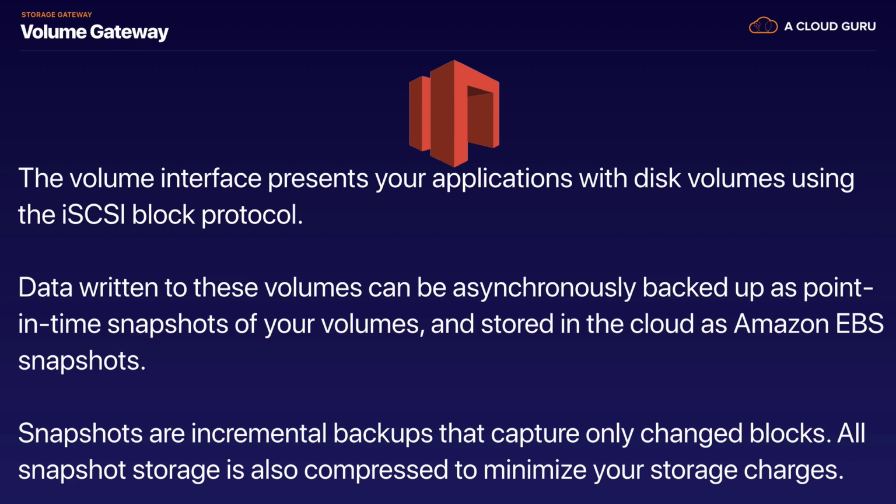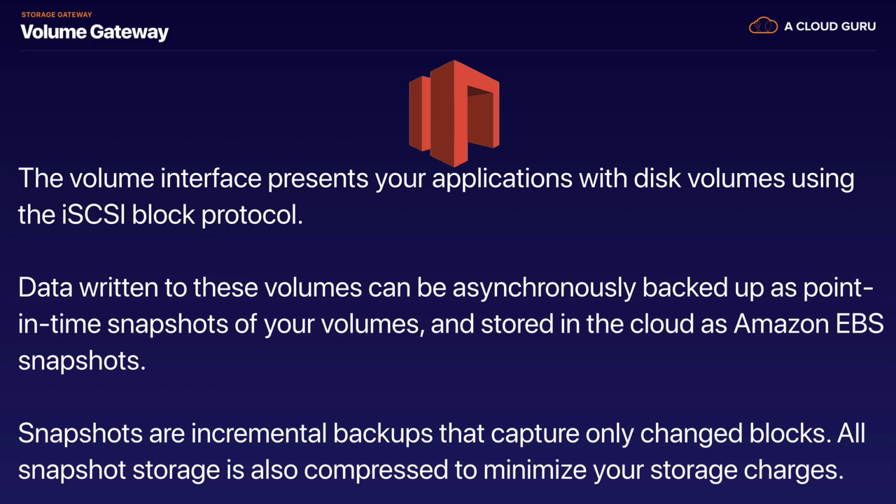Volume Gateway basically presents your applications with the iSCSI block protocol. So basically you can use virtual hard disk drives, and data written to these volumes can then be asynchronously backed up as point-in-time snapshots of your volumes and stored in the cloud as EBS snapshots. And the snapshots are incremental backups that capture only changed blocks, and all the snapshot storage is also compressed to minimize your storage charges.